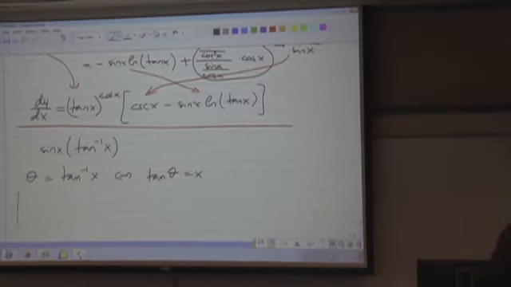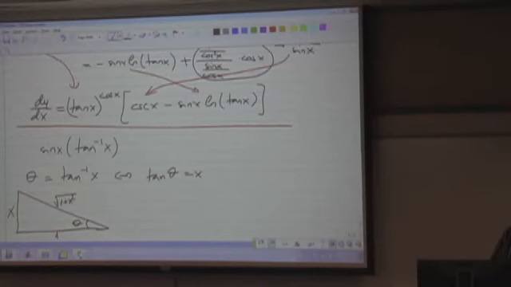And now we go to our right triangle. If I let that be theta, what do I know? The opposite has to be x. The adjacent has to be 1. Which means the hypotenuse is the square root of x squared plus 1, or 1 plus x squared. So far so good? Okay.